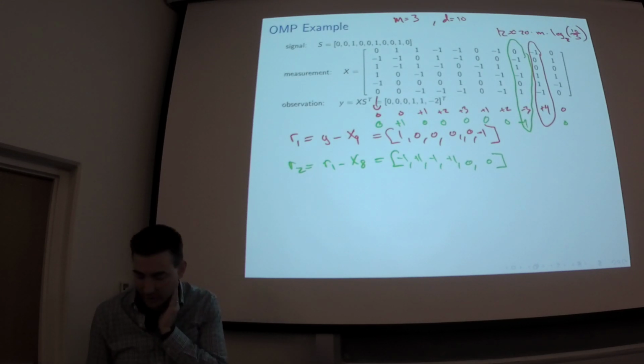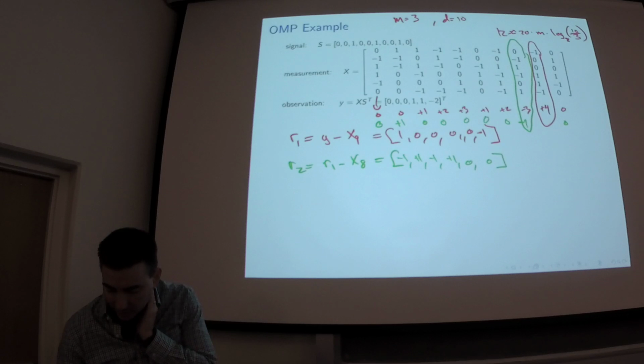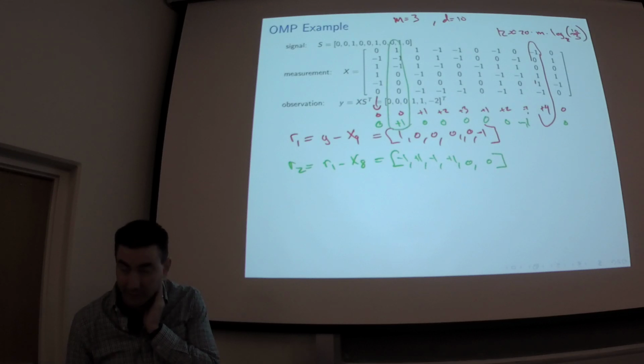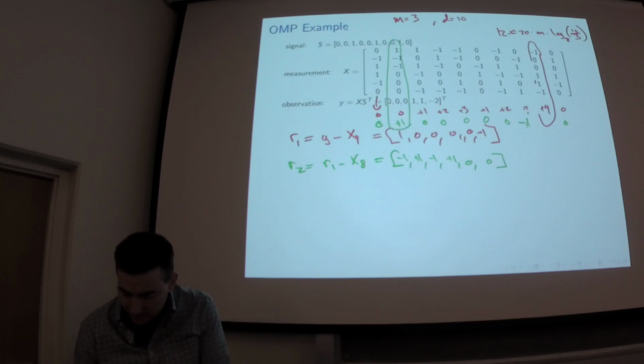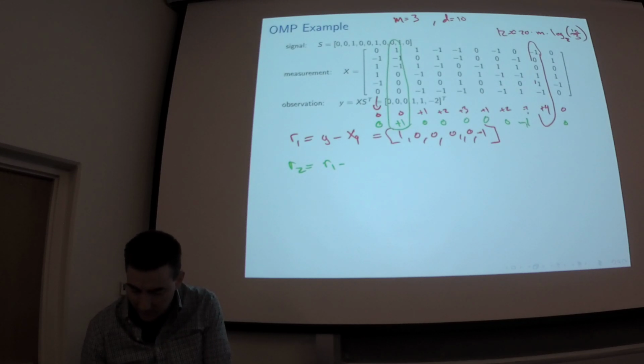So the big difference is now this is -1, so I'm going to choose this column instead. Hopefully this makes the example work a little bit better.